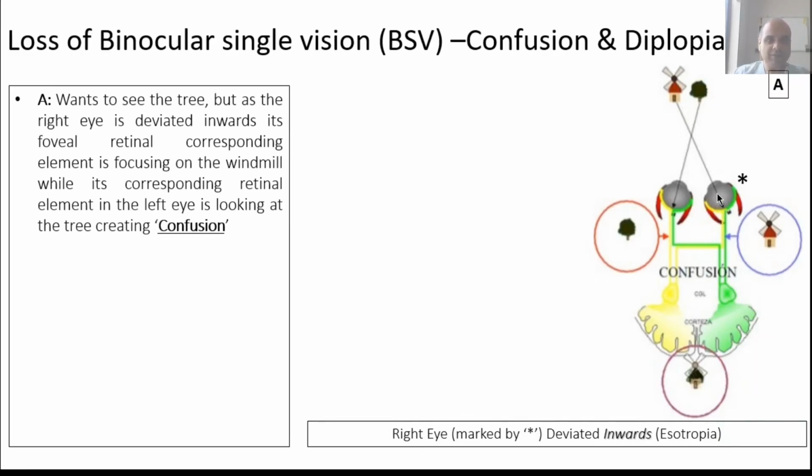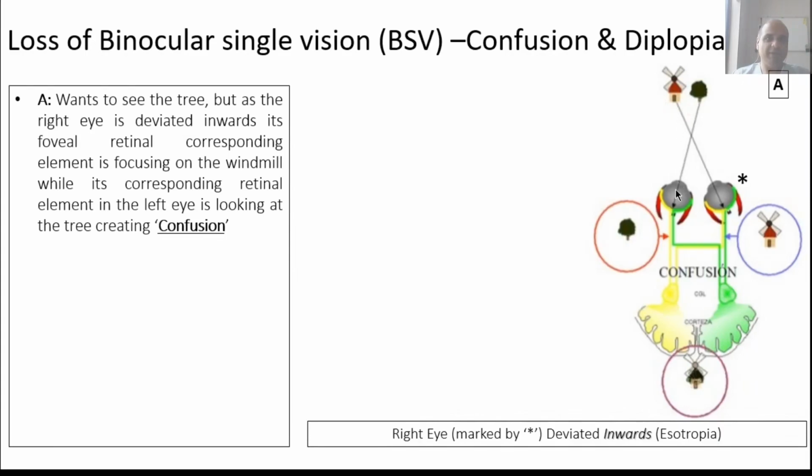The fovea of the right eye is now pointing, the photoreceptors of the fovea of the right eye are now pointing towards the windmill. So the windmill is projected from the right eye all the way through the visual field to the part of the visual cortex that processes images from the fovea, which is at the tip of the occipital cortex.